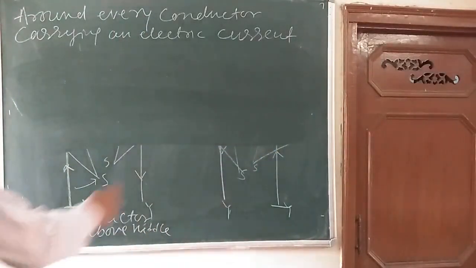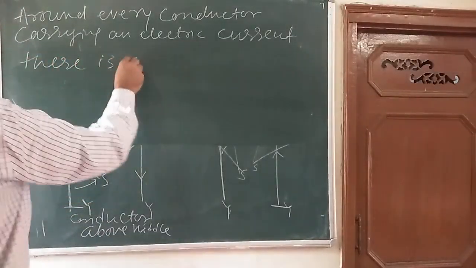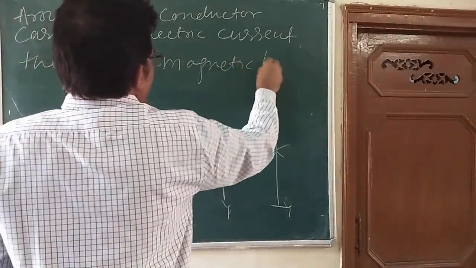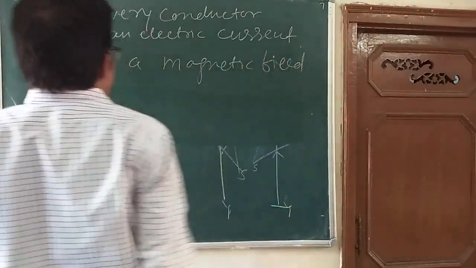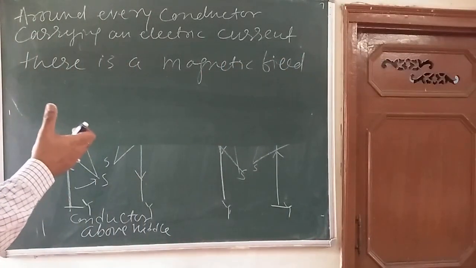Is it clear? So how can we find the direction of the magnetic field here?